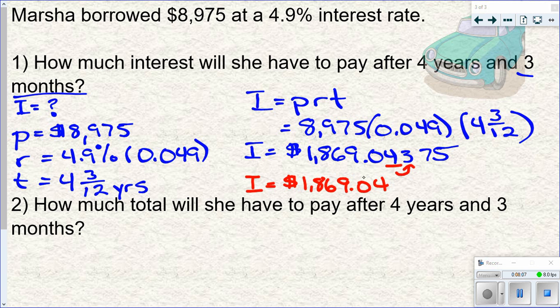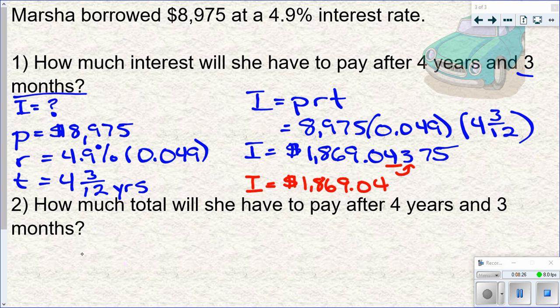Some of the questions you see will just ask you, how much interest does the person have to pay? Some of the questions will say, how much do they owe the bank in total? If you look at this second question here, it says, how much total will she have to pay after 4 years and 3 months?